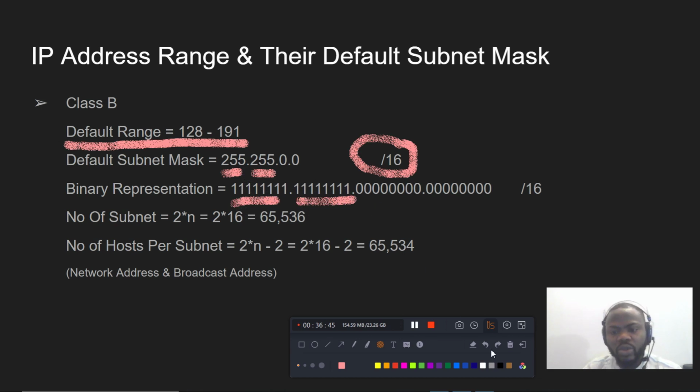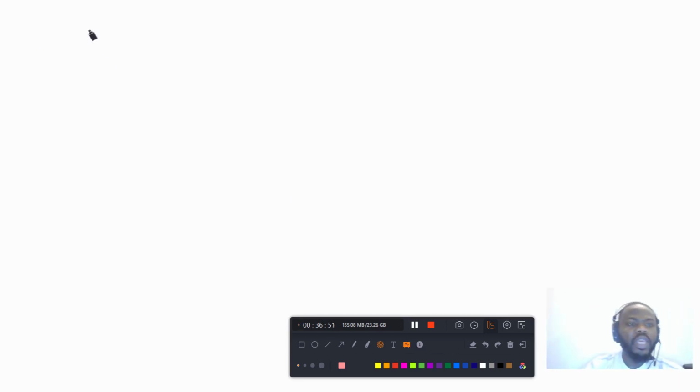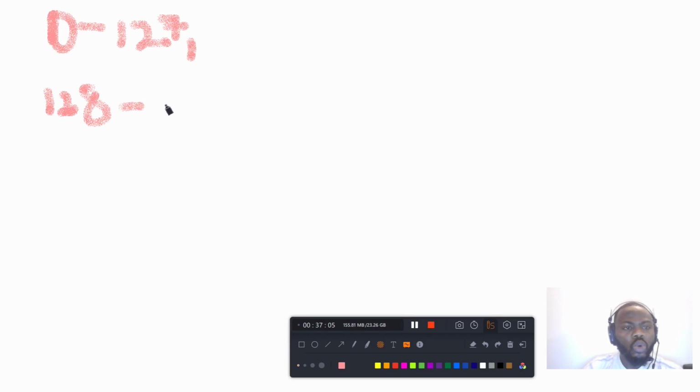So let me use my whiteboard again for class B. For your class B, remember the range for class A is 0 to 127. The range for class B is 128 to 191.